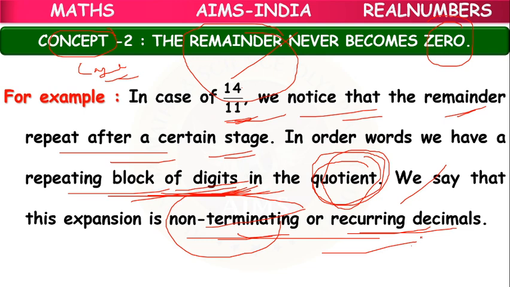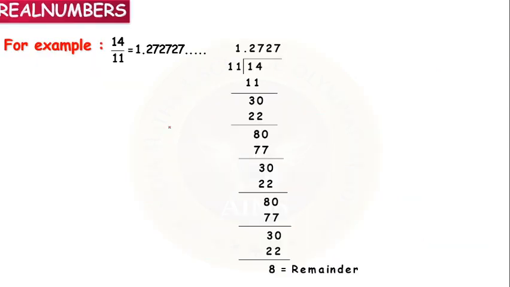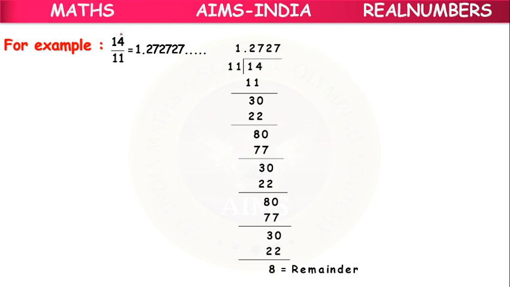Like that we can tell. So this is the division. If we divide 14 with 11, 11 1 times 11, 3 is remaining. 11 2 times 22, 8 is remaining.